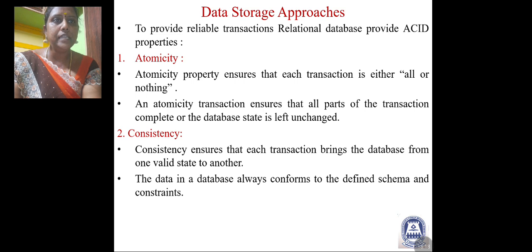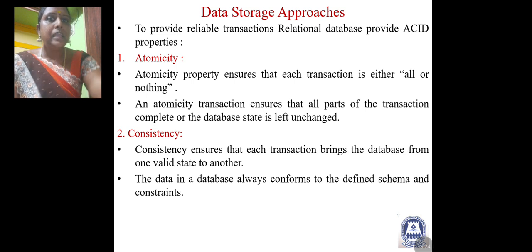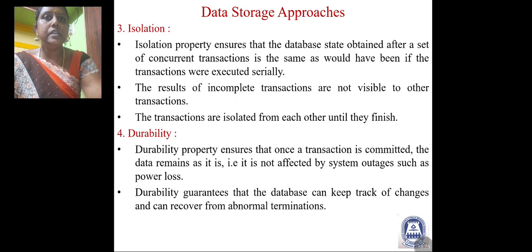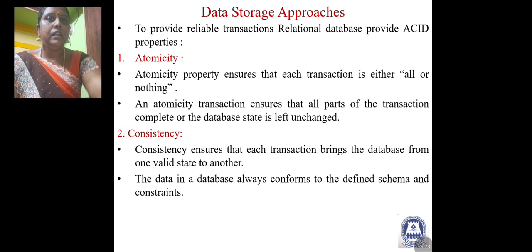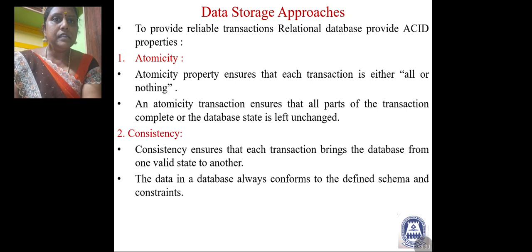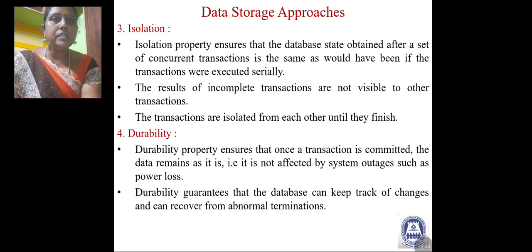To provide relational transactions, relational databases provide ACID properties. ACID is nothing but atomicity, consistency, isolation, and durability. Atomicity is that a transaction is either all or nothing. Consistency is that each transaction brings the database from one valid state to another.